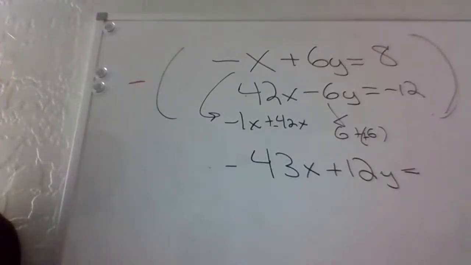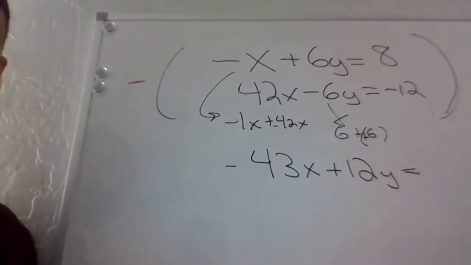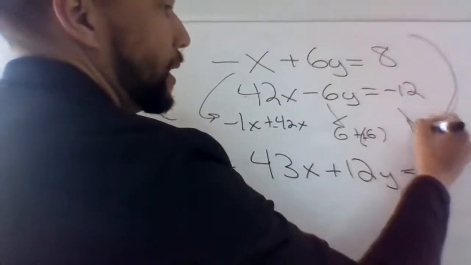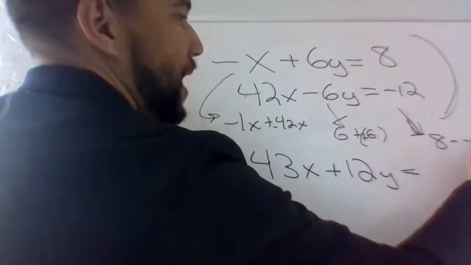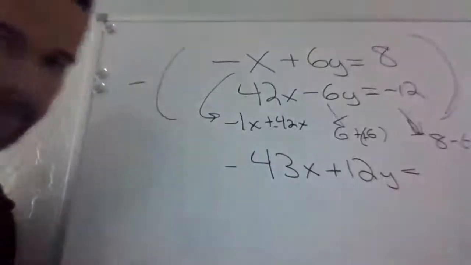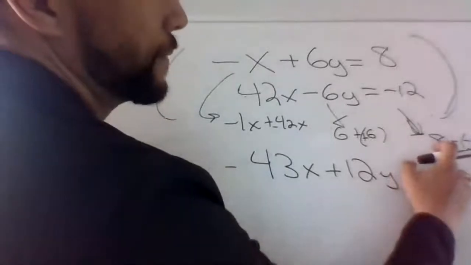Okay, so look at it this way. 8 minus negative 12. Keep, change. Positive 4? Negative 4. Remember, we keep this the same, change and change, right?